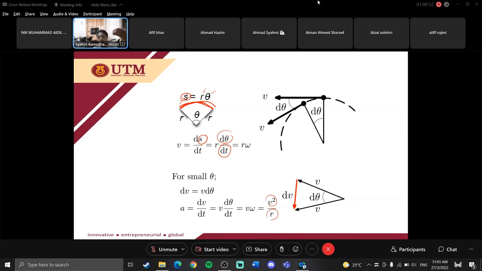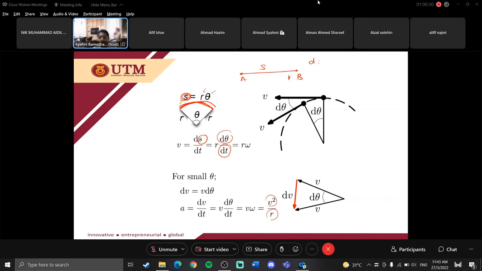The rate of change of displacement gives you velocity. In a straight line motion, let's say from point A to point B, you have the displacement, the distance.